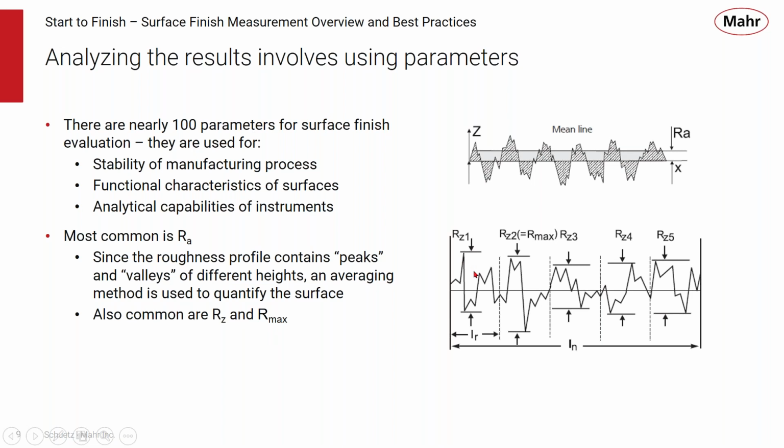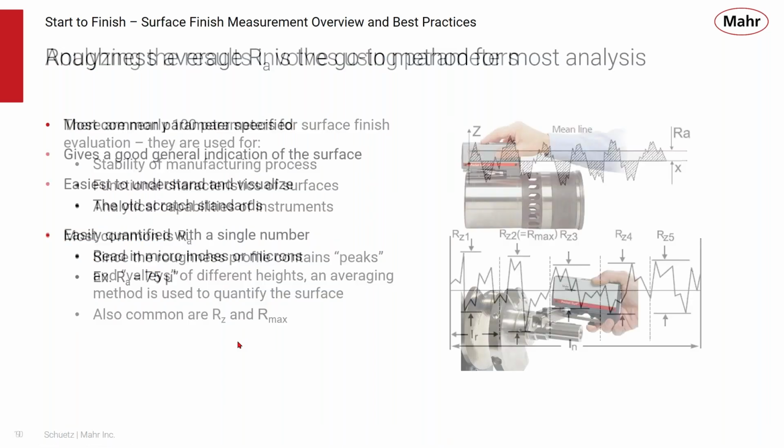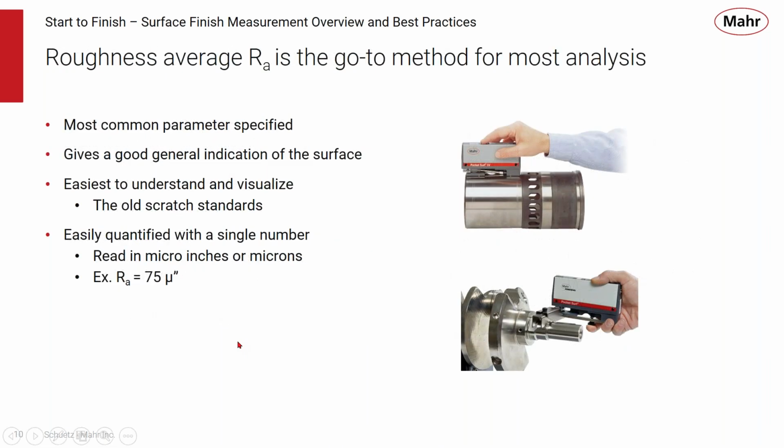What we can see here is that we're taking a series of small segments over a long length, and we're going to look at the average of the peaks and valleys within those segments to give us Ra. Ra is the go-to method for most analysis. It's often the most common one specified here domestically in the U.S. It gives a pretty good general indication of what the surface is.